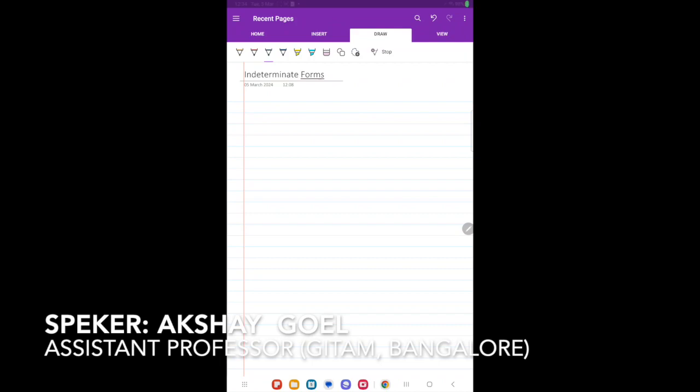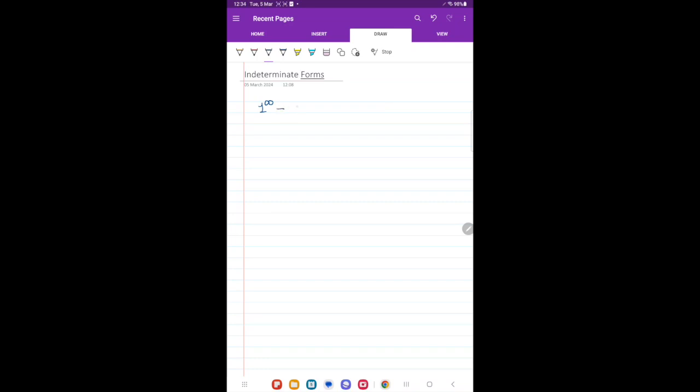Hello everyone. In this short talk, I would like to talk about indeterminate forms, especially 1 raised to power infinity. This is one of the indeterminate forms, and we want to see why it is an indeterminate form.